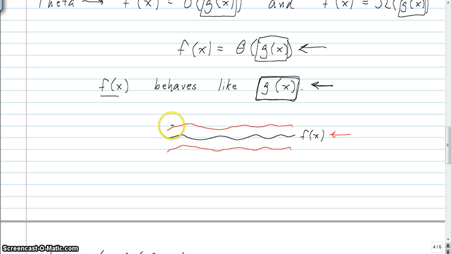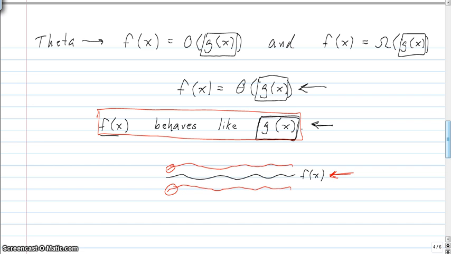Remember, we found these to be the same function, so those two red functions squeeze together, and they really tell us a lot about how this function f is behaving. In fact, they behave very much the same way. That's the point: if we can get the big O and the omega to be of this same function g, then we know a lot about how that function f is behaving.